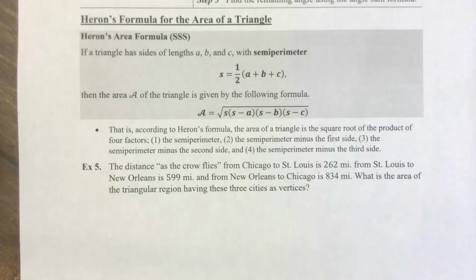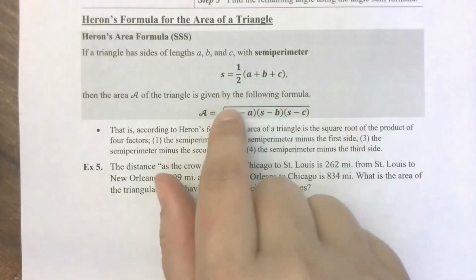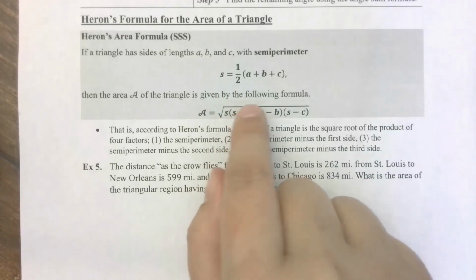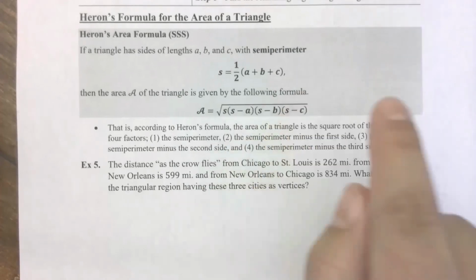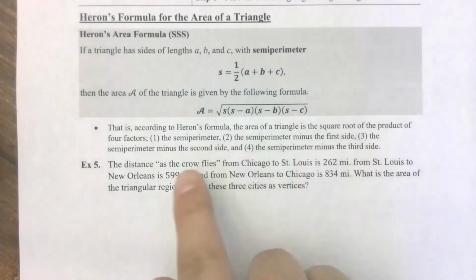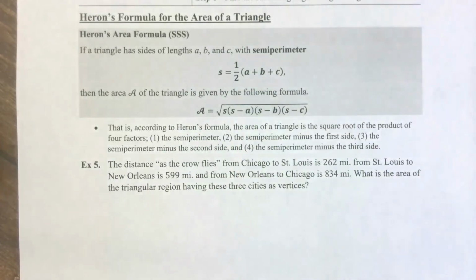Then we can find the area of the triangle. The area is given by the square root of the semi-perimeter S, times S minus the first side, times S minus the second side, times S minus the third side. So basically you'll just find S and then plug into the formula.